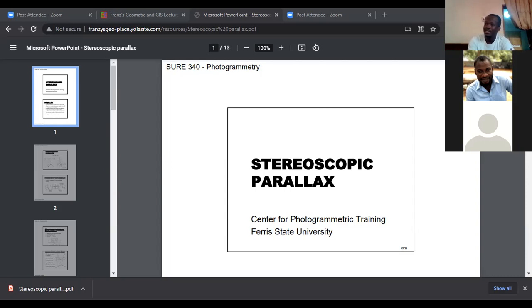Are you okay? In terms of ground coordinates, in other words, the location of the aircraft at the point where the exposure was made, at the point where the picture was taken. That is what we call the exposure station.